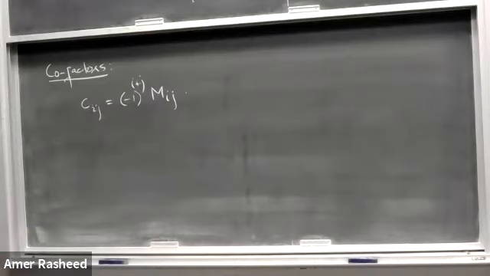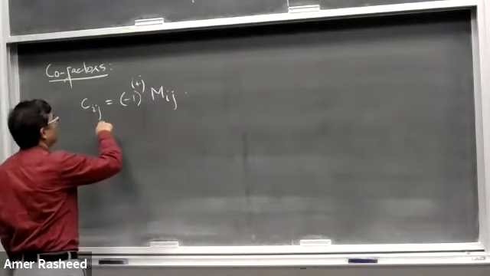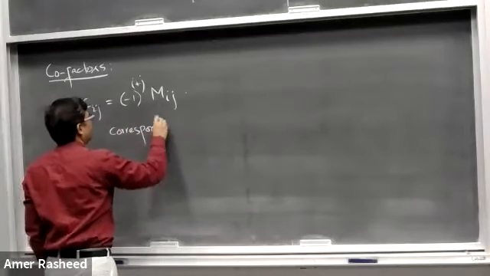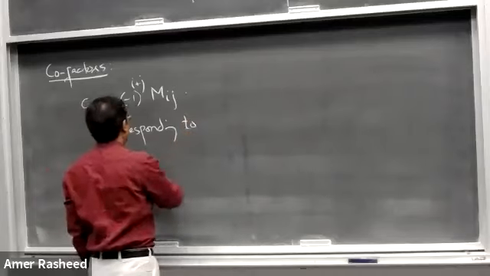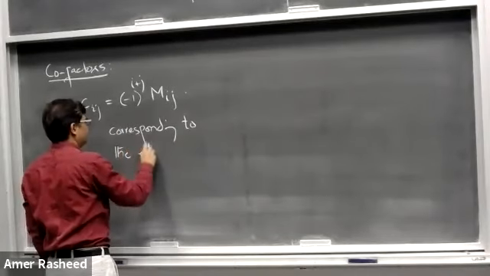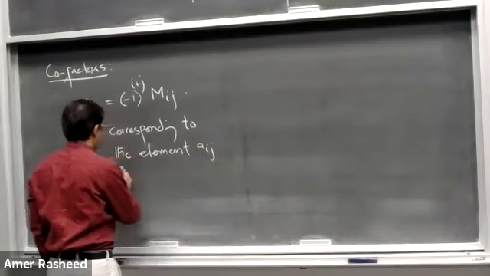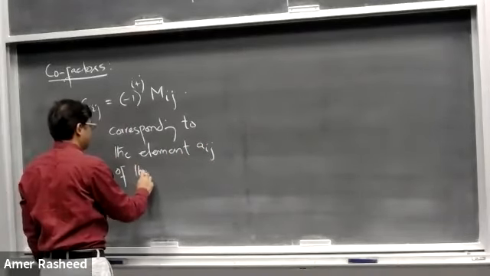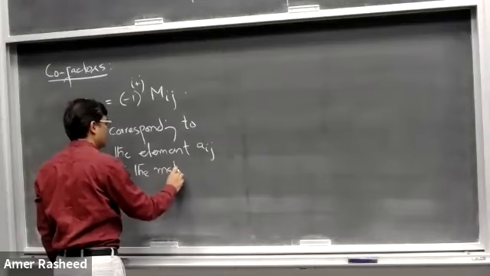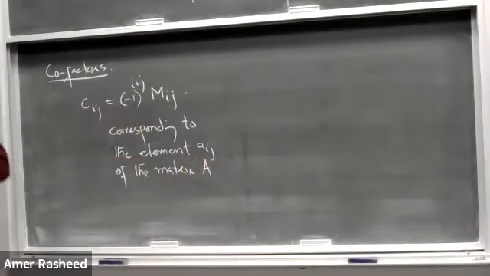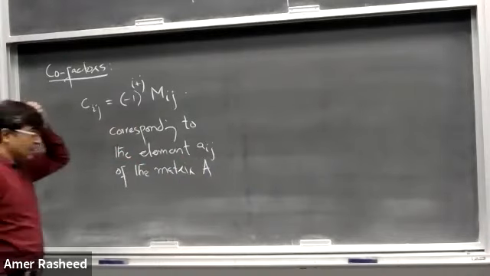This is the cofactor, the cofactor corresponding to the element Aij of the given matrix A. So this is basically the definition of cofactor.